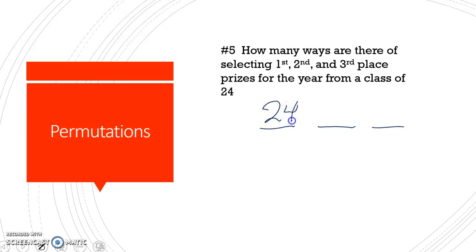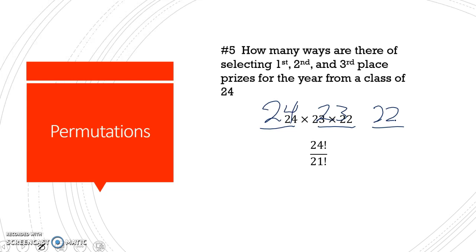Well, I have 24 kids to choose from. Once I pick my top kid, I want to get the second place prize. Well, I have 23 kids left to choose from, and then finally I'm going to have 22 kids left to choose from after that. So I could just simply multiply 24 times 23 times 22. That's going to give me 12,144 different ways.